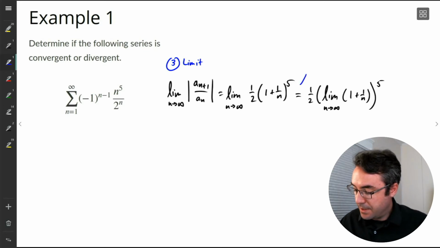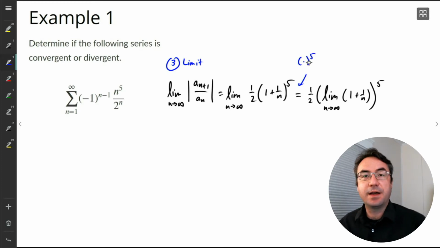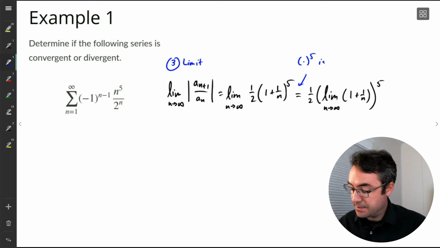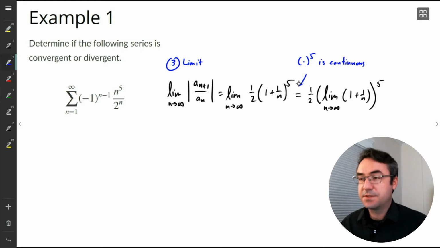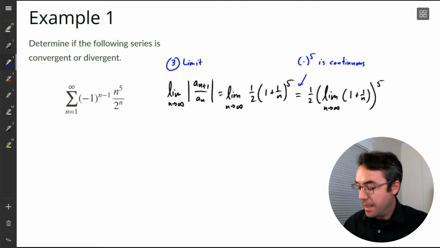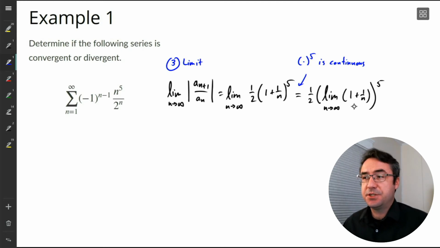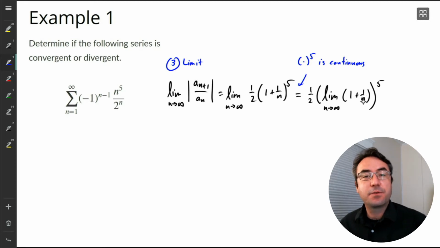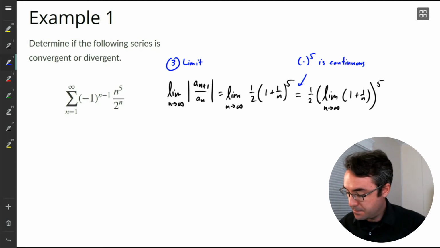We can bring the limit in because that power function is continuous, and we know limits work very nicely with continuous functions. Now the limit of this is just something we can do. That 1 over n is our c over infinity form, so we know that goes to 0.